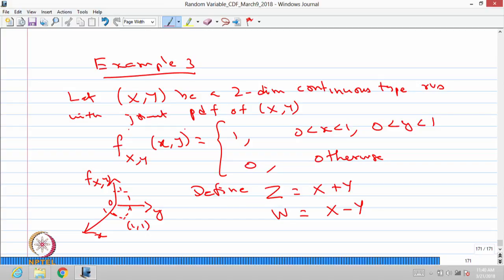So, here we are finding the joint probability density function of the two-dimensional continuous type random variables z and w. We can make sure whether the assumptions of the previous theorem are satisfied. If they are satisfied, then you can use the theorem and get the result. If not, then you cannot find the joint probability density function using that theorem. To apply the theorem, you have to make sure that the assumptions are satisfied.